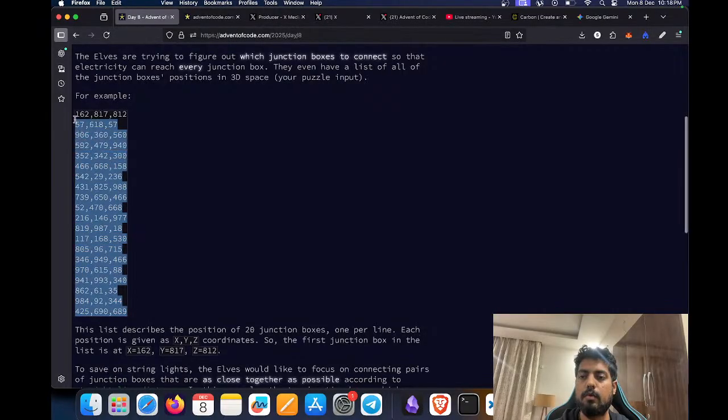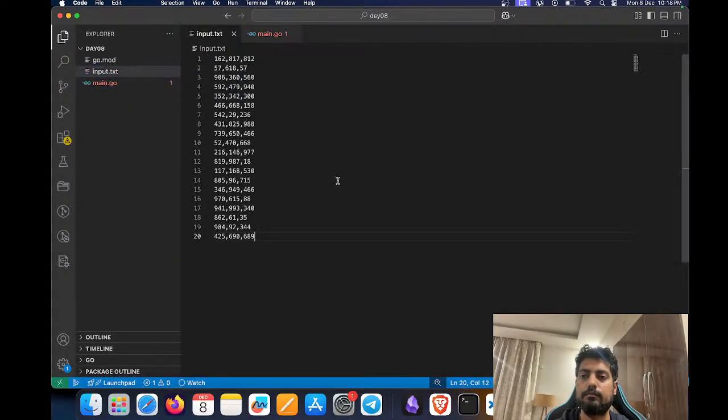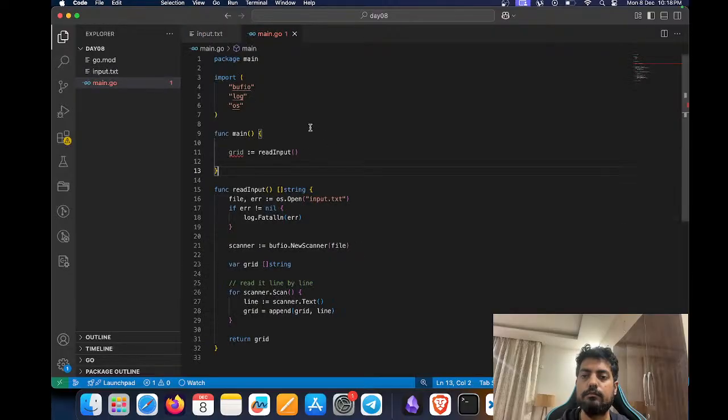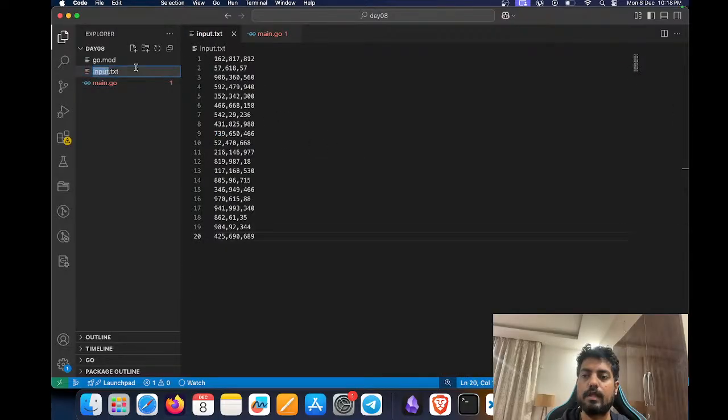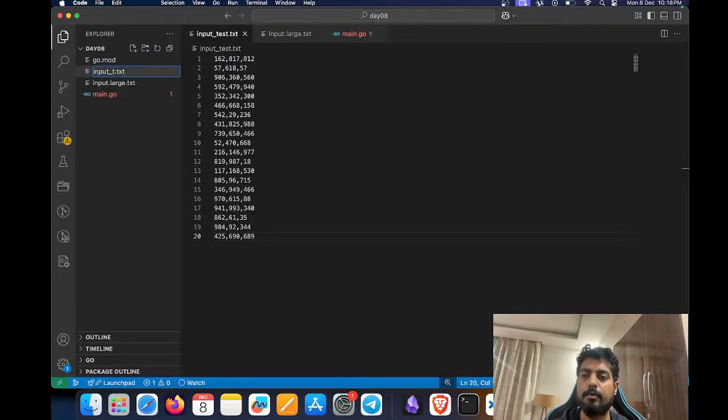For now, I'll just copy this input. I'll call it input test, and then input dot large dot text, and this is input dot small dot text. Cool.